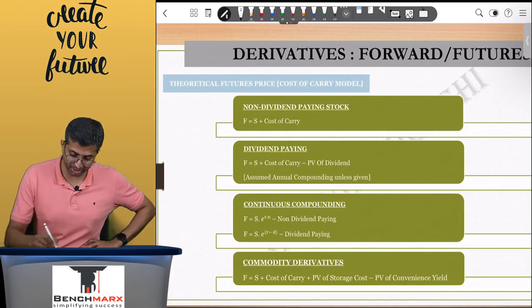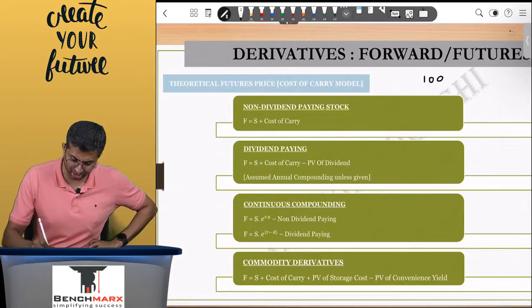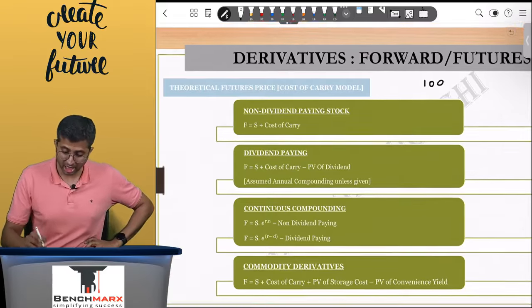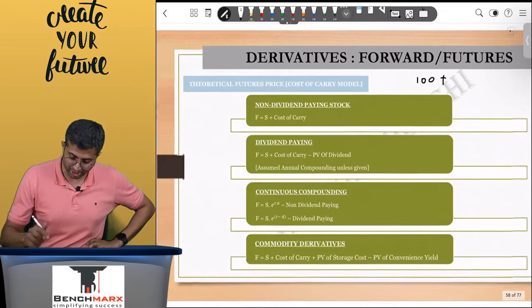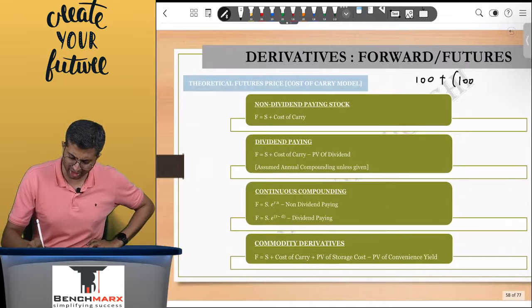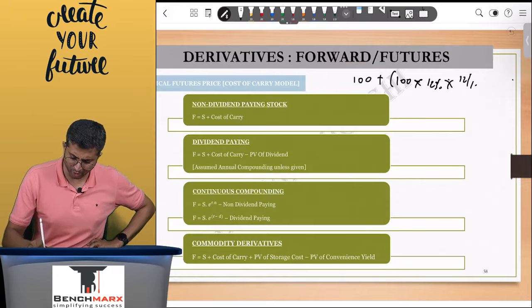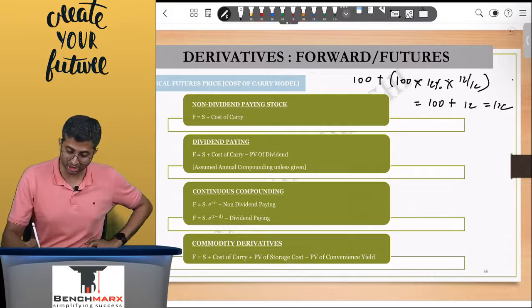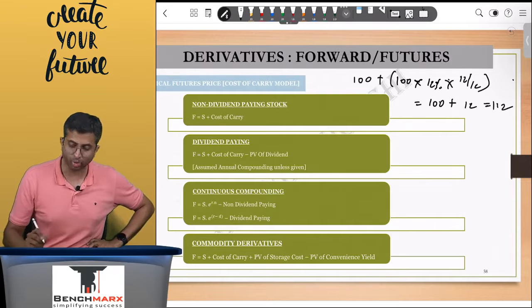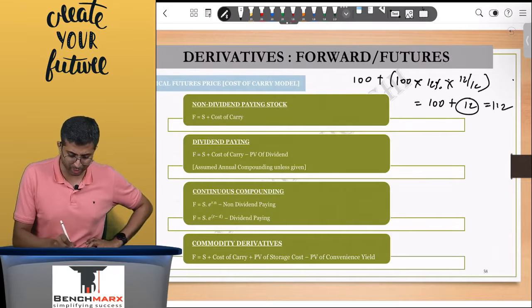So for example, if the share today is worth 100 and the market rate of interest is, let us say, 12%, the future price is calculated as 100 plus 100 into 12% into 12 by 12 or 6 by 12 as the case may be. So over here 100 plus 12 equals 112 is considered to be the theoretical futures price under what you call the cost of carry model, where 12 rupees is the cost of carry.